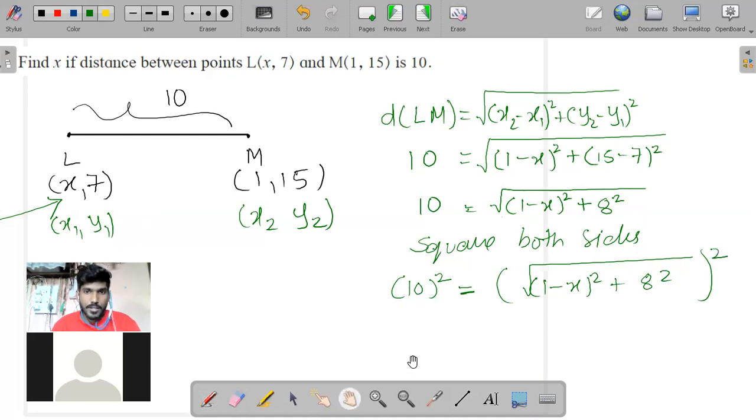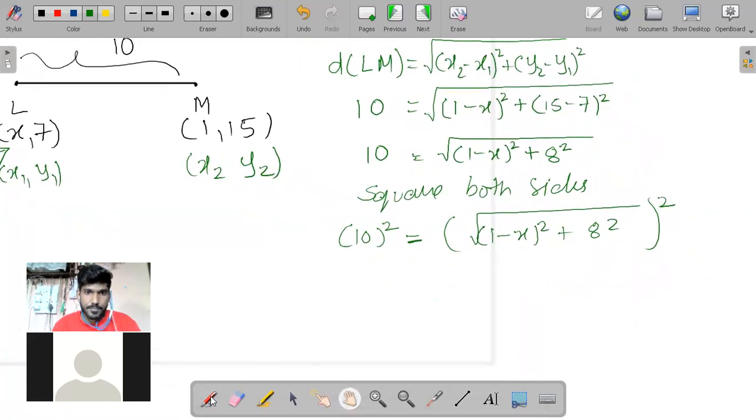Now what is the square of 10? 100. And what will happen on your right hand side? The square root and square will get cancelled, and you'll just be left with what is inside the root. So inside the root you have (1 minus x) the whole square plus 8 square.